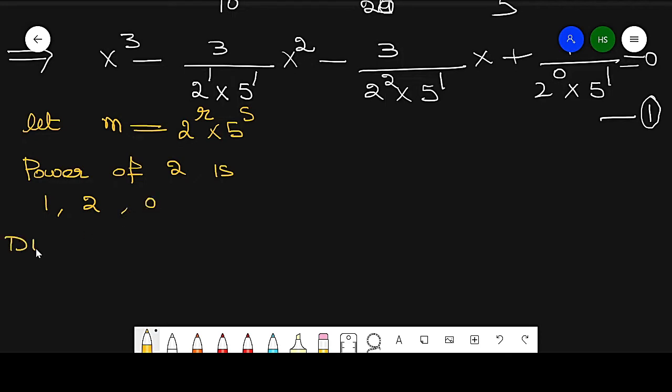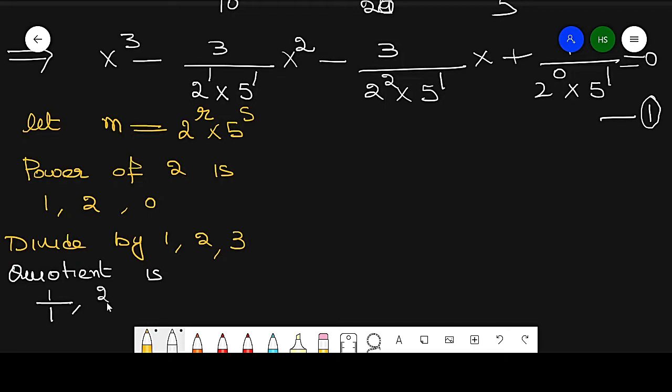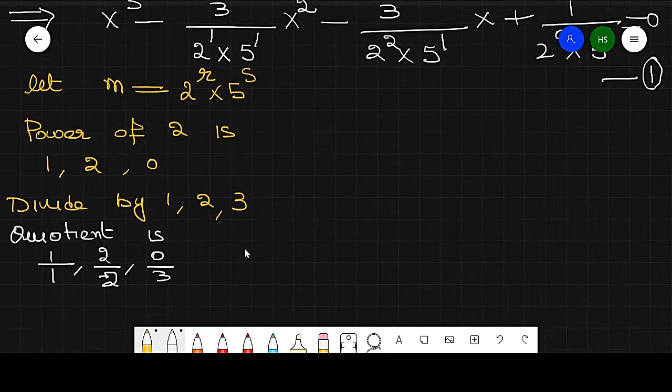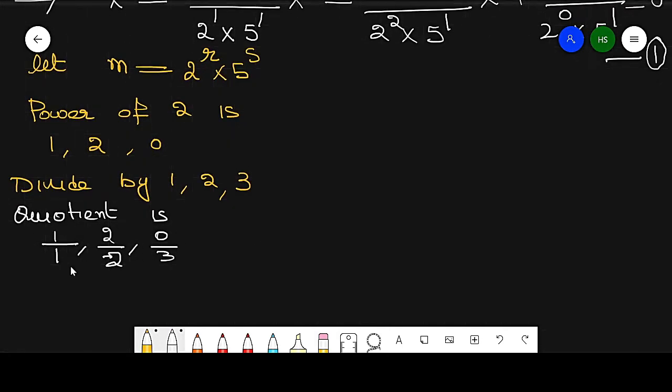Now divide by 1, 2 and 3 respectively. So the quotients are 1 by 1, 2 by 2, 0 by 3. So these values are 1, 1 and 0.